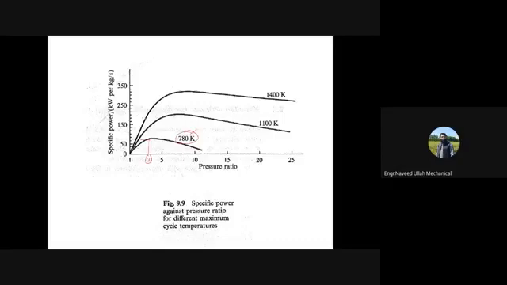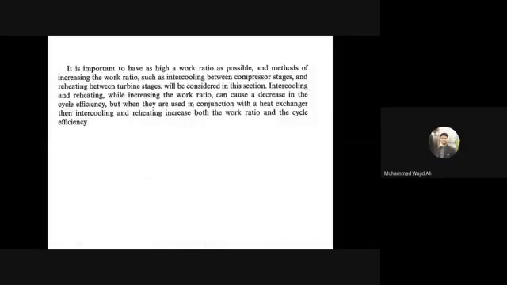It is experimentally observed that for each and every maximum temperature there is a specific pressure ratio which gives you the maximum efficiency and maximum work ratio. If you increase the maximum temperature from 780 Kelvin to 1100 Kelvin, the same pressure ratio we used earlier will not give the maximum value; somewhere here it will give you the maximum value. So this is what is discussed in these two graphs: this one is about the cycle efficiency and this one is about the work ratio.